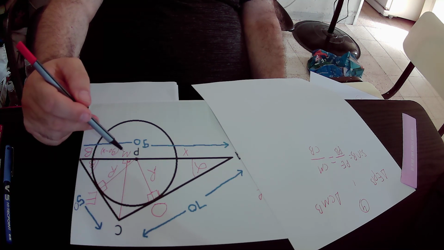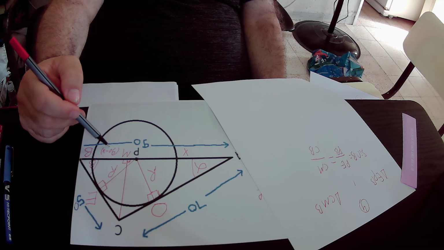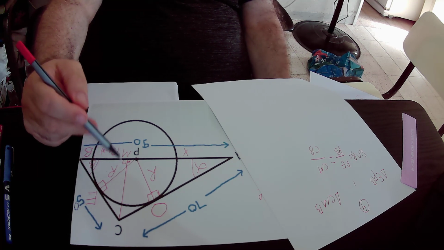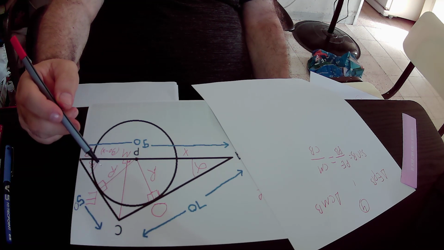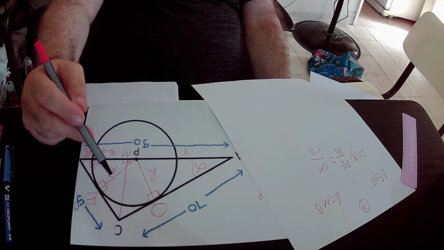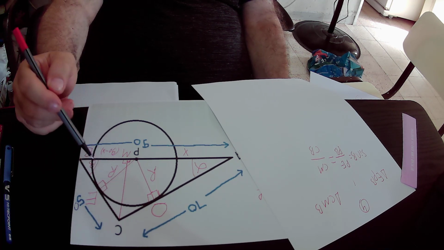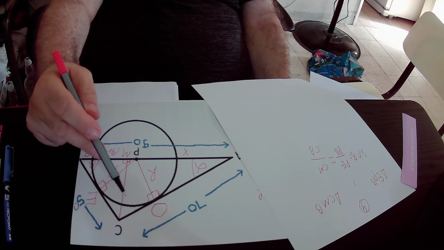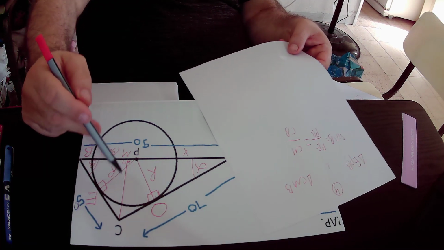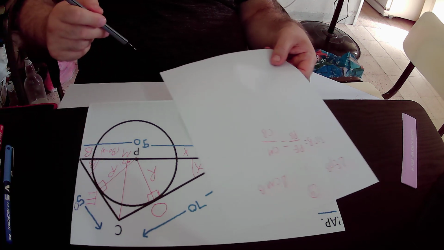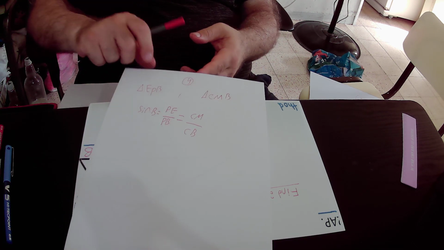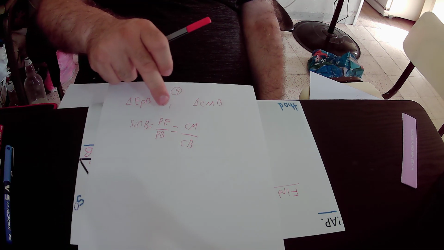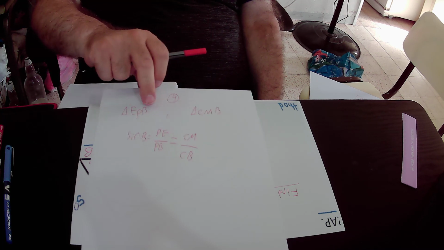So CM and MB are the perpendiculars, and the hypotenuse is CB. So sine beta in triangle CMB equals CM over CB. Okay, so in total we got that sine beta equals PE over PB, that equals CM over CB.